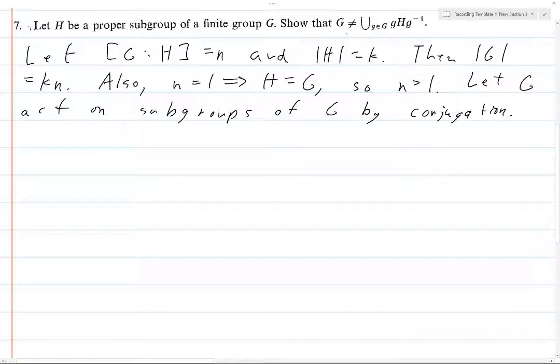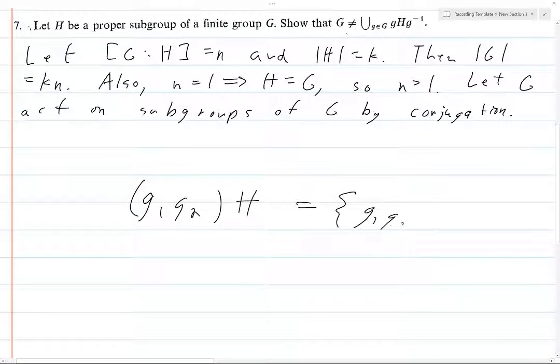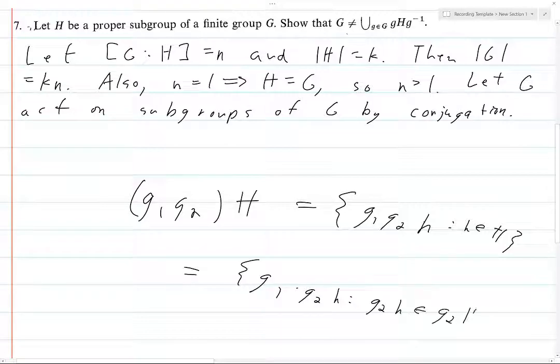If you take any subgroup H of G, then letting 1 act on H will just give you H. And then letting the element g1 times g2 act on H will be the same thing as letting g1 act after g2, because g1g2 acting on H will give you all things of the form g1g2h where h is in H. And that's equal to g1 times g2h for all g2h in g2H, and so that's equal to g1(g2H).